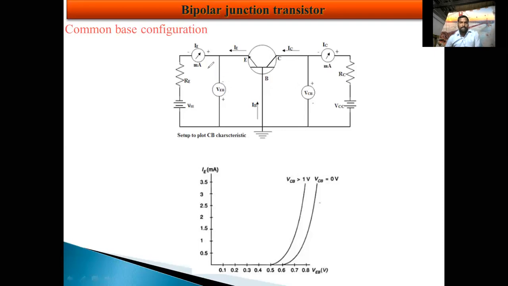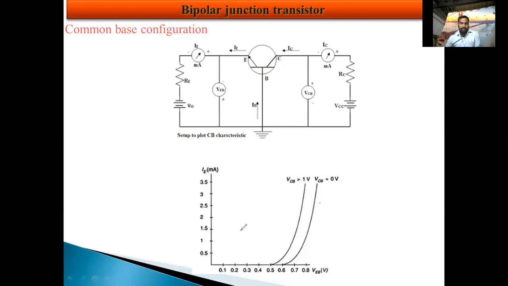At that time we measure the value of the input current IE. We vary VBE and measure the input current IE, while keeping the output VCB constant. Then VBE is taken along the x-axis and IE along the y-axis.